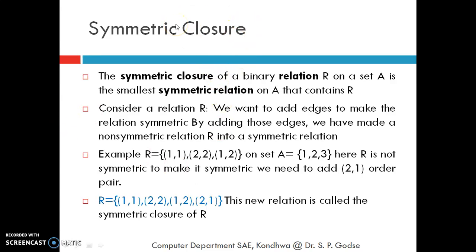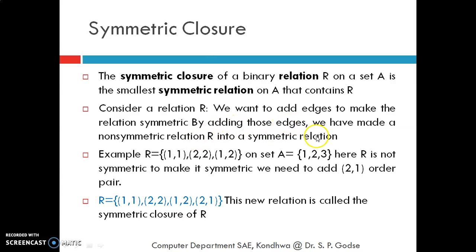In the same way, for symmetric closure, the only property that should be satisfied is the symmetric property. The symmetric closure of a binary relation R on set A is the smallest symmetric relation on A that contains R. Consider a relation R which is represented in a diagram. We want to add edges to make the relation symmetric.